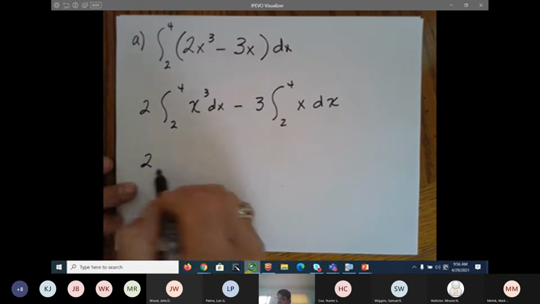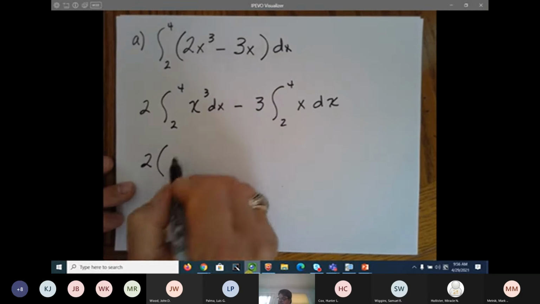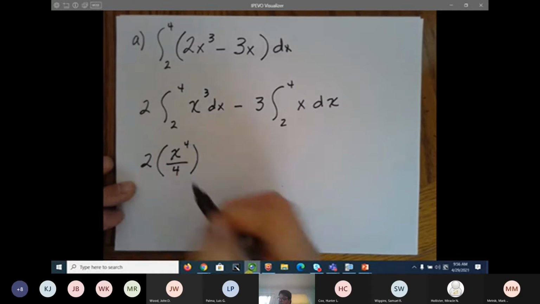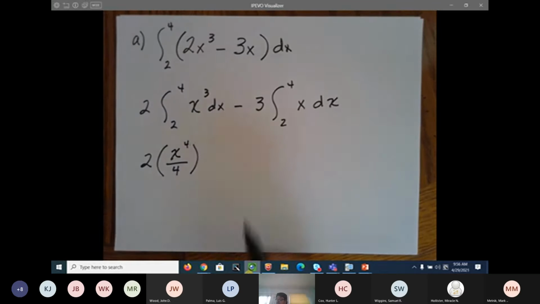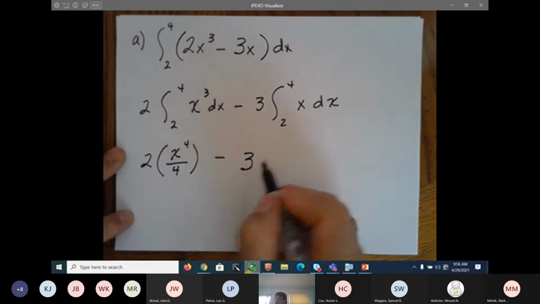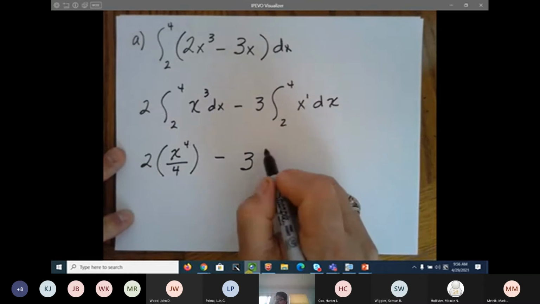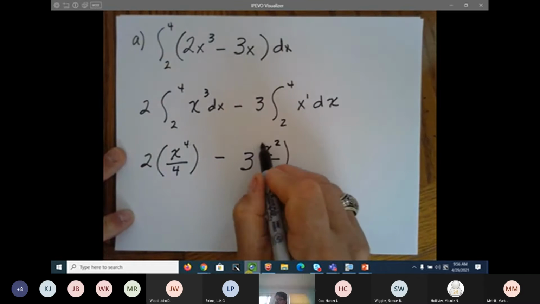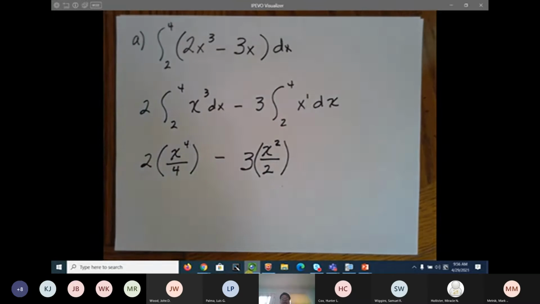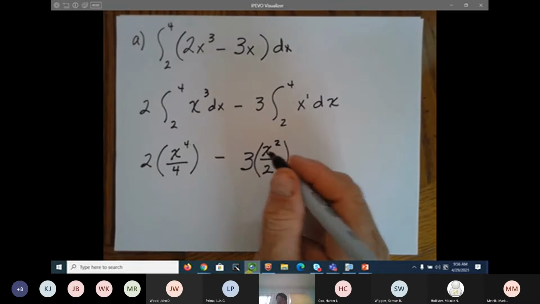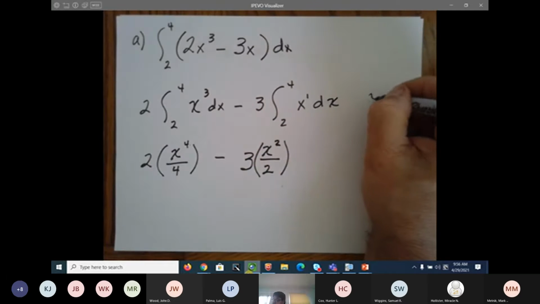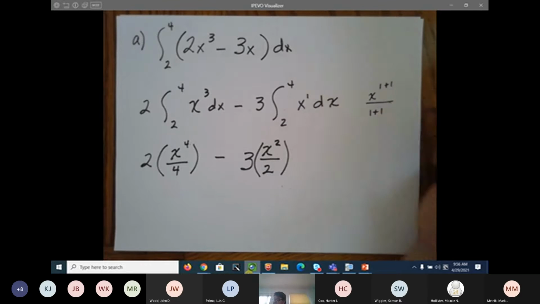This is 2 times x to the what? 4th over 4 minus 3. This is x to the first, so that's going to be x to the second over 2. Now, if you don't remember from last week or from Tuesday, how you do the antiderivative is x to the 1 plus 1 over 1 plus 1.